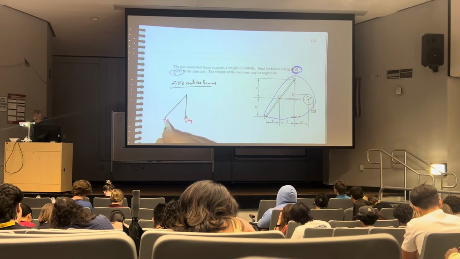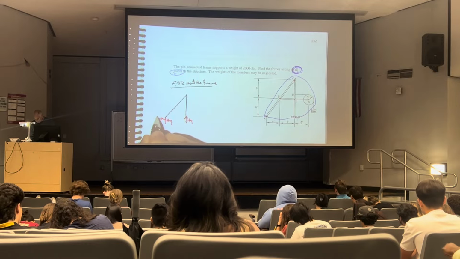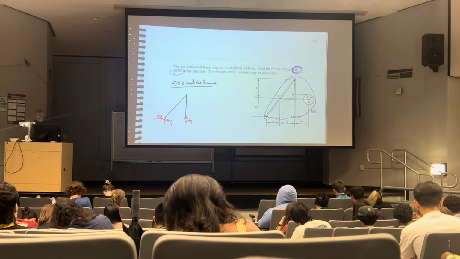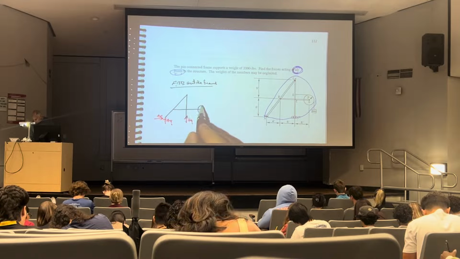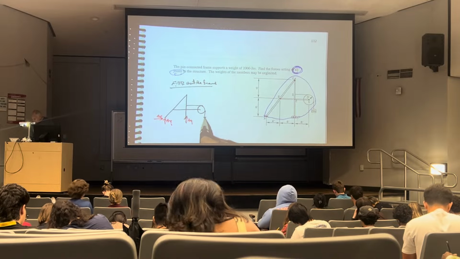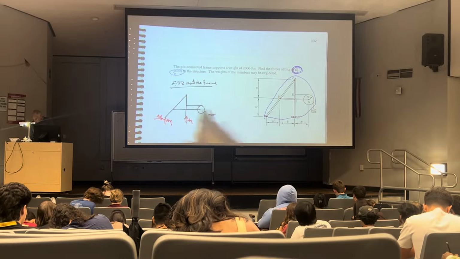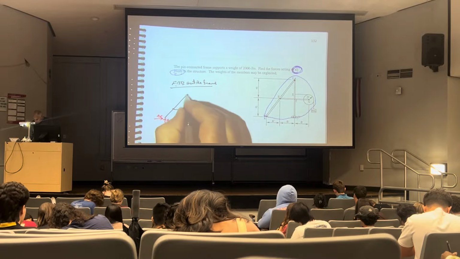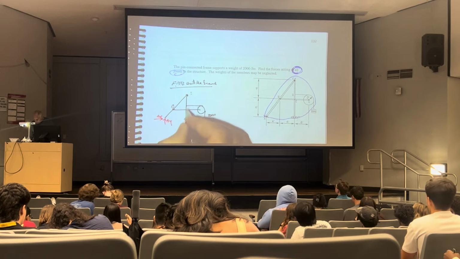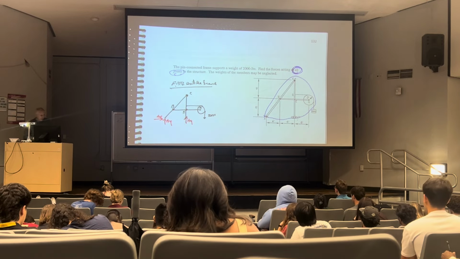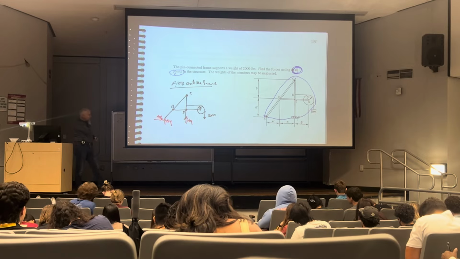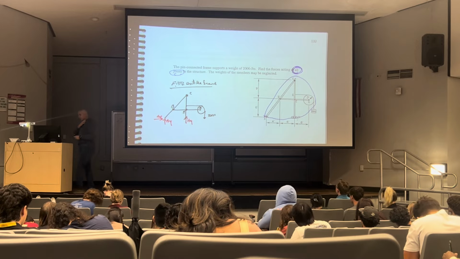I've got AY, AX from that pin. I also have this that goes here, and 2,000 down. I did not cut through pin B, pin C, or pin E. Here's pin G to attach the pulley to the horizontal bar BEG.